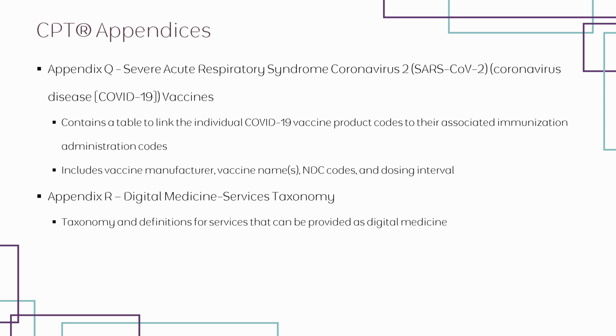Appendix R includes definitions and classifications for a wide range of digital medicine services, such as remote physiologic monitoring, therapeutic monitoring, and other patient care approaches that are delivered via digital platforms. This taxonomy will help coders, payers, and providers appropriately identify and report services falling under the umbrella of digital medicine.